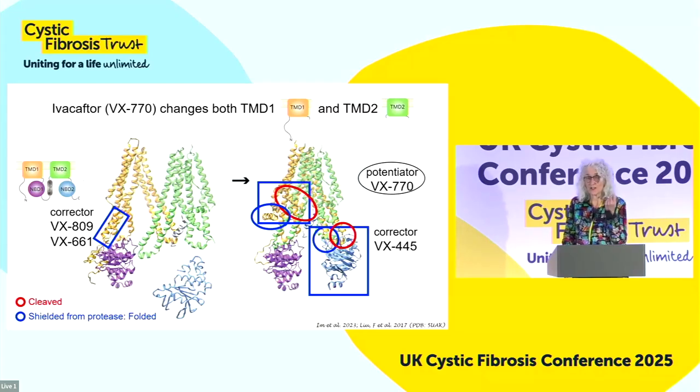Potentiators in assays that colleagues that do functional studies are using is added acutely, and you see an acute change. You see this change also acutely. But 770, the ivacaftor, only works on the assembled protein, so we don't see any effect on the protein before it assembles its domains, but once it has assembled the domains, you can see with the ovals that I was drawing here and circles, the blue ones means there's protection, so more stability, more folding, more packing.